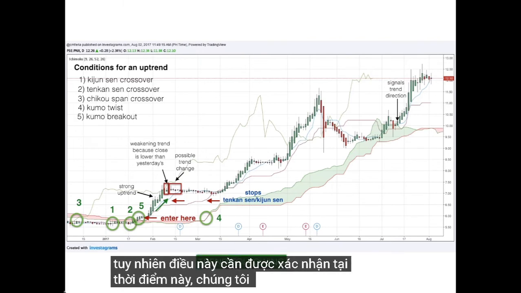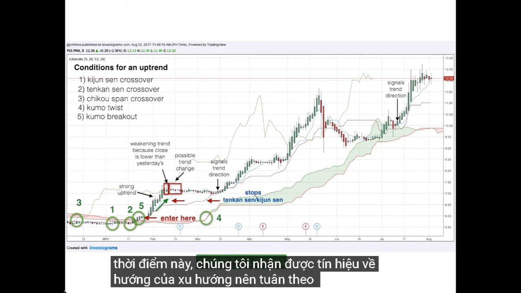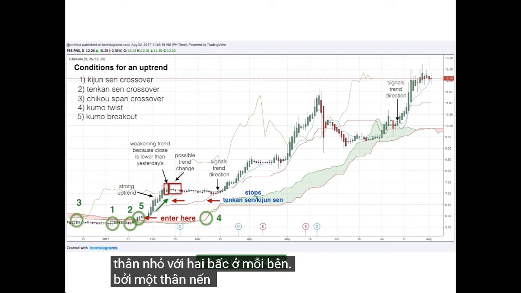At this point, we get a signal in the direction of the trend. So the small body with two wicks on each side was followed by a bullish candlestick. Therefore, the succeeding trend would be an uptrend.